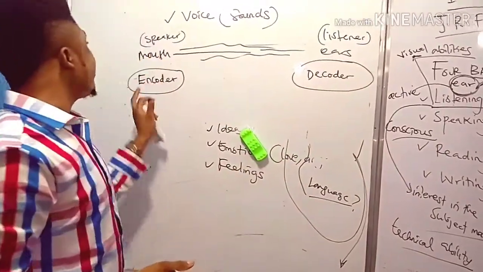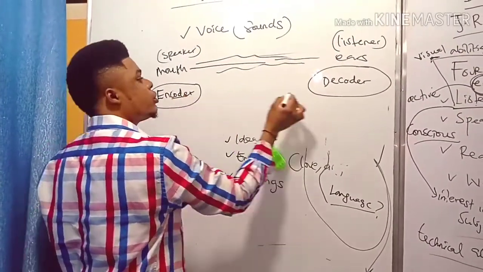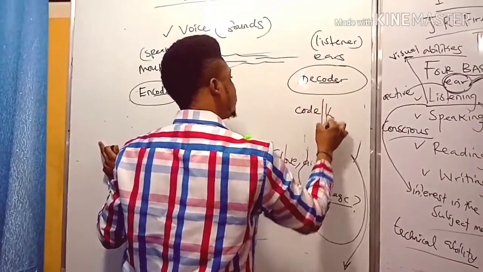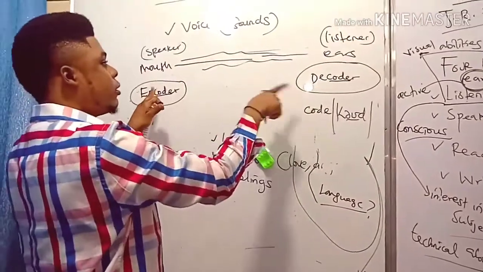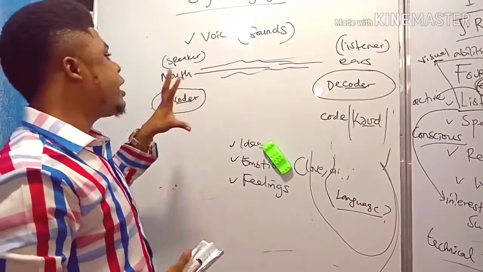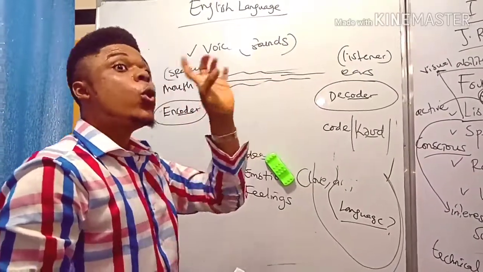So the speaker encodes. So the major thing about these two terms are what? Code. These are the major points of these two terms. So that means when we speak, these sound waves that we release are codes.